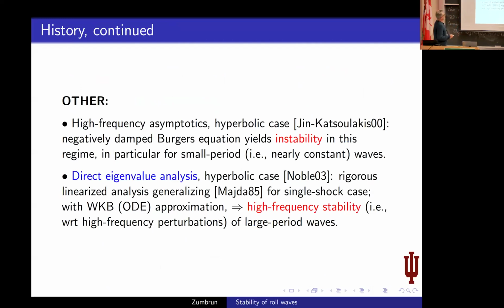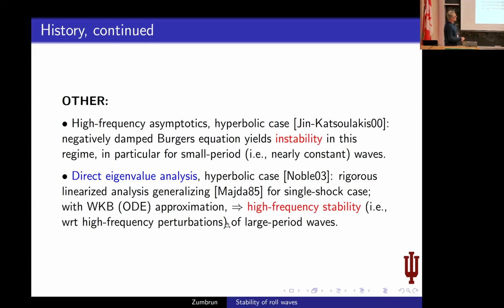Now, I don't want to forget to say that a really important contribution was by my collaborator, Pascal Noble, in 2003. In his thesis, he introduced an eigenvalue framework for this. There was no linearized theory at all.